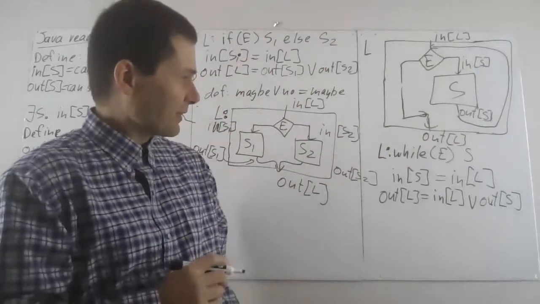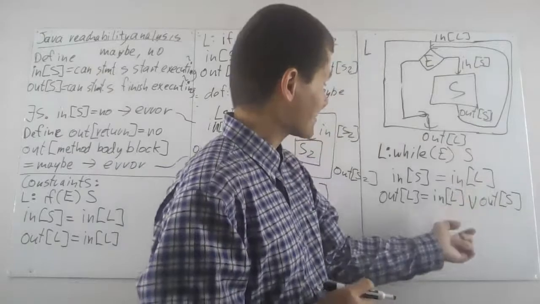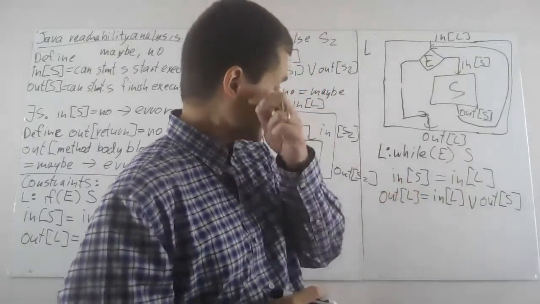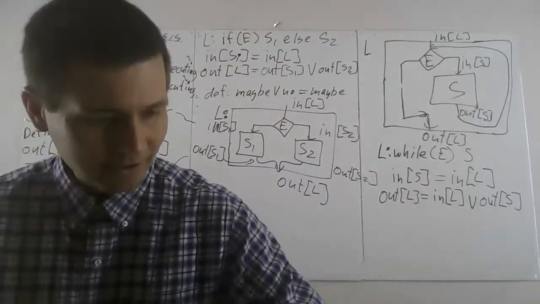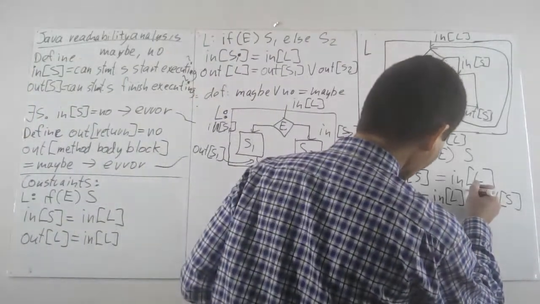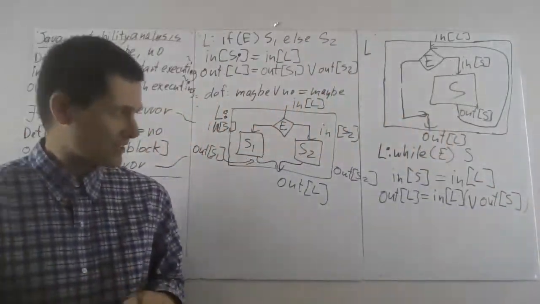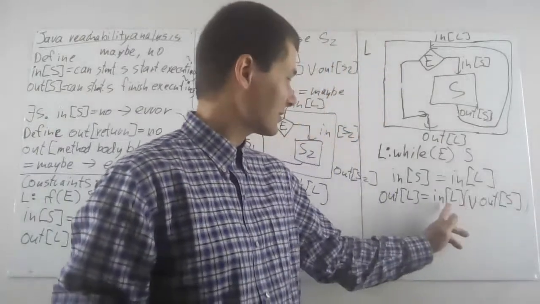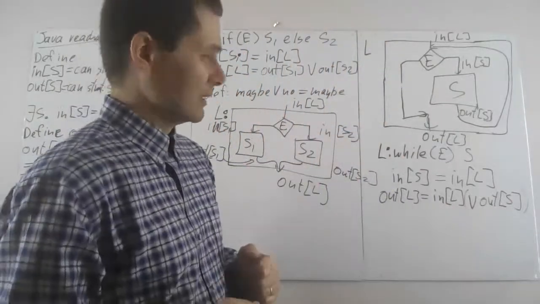Okay, and now that I've fixed the diagram, you should actually have that or out of S for in of S as well. But now I'm going to say that you can actually leave out the or out of S. So I'm going to parenthesize it to say you could leave it out and just say it's in of L. And why?